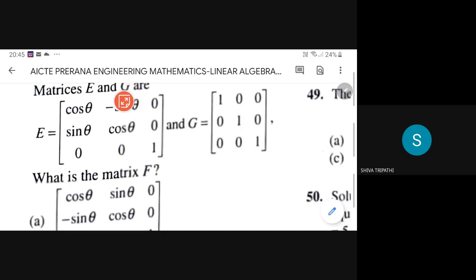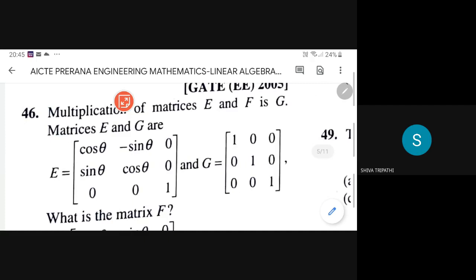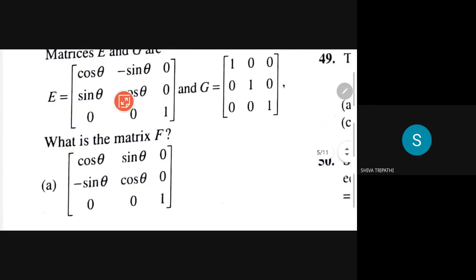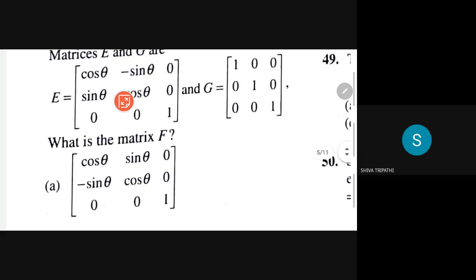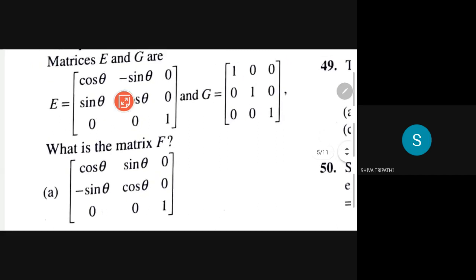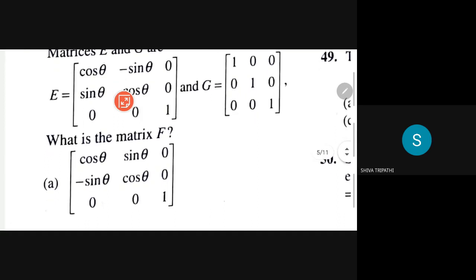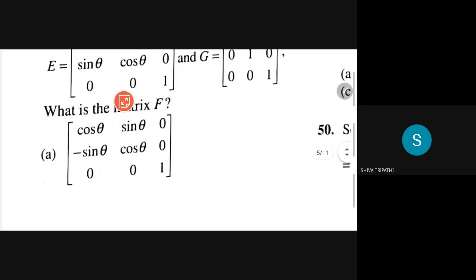It says the multiplication of matrices E and F is G. Actually, you simply take the transpose of this matrix, it is enough. If you take the transpose of the E matrix, then you will get G. You need not apply that also.